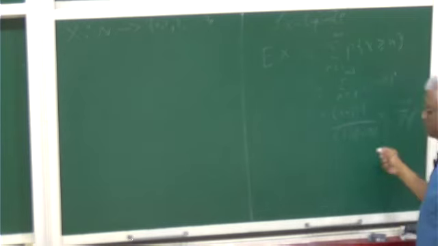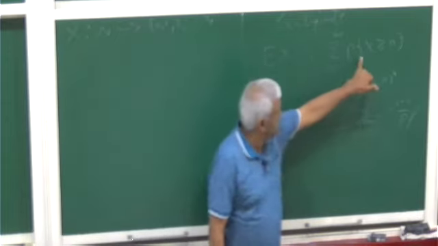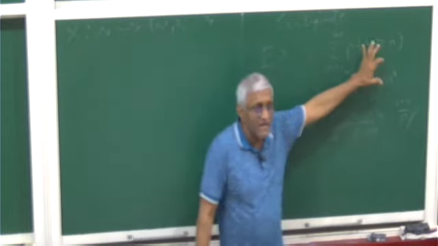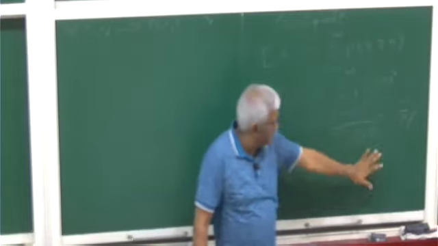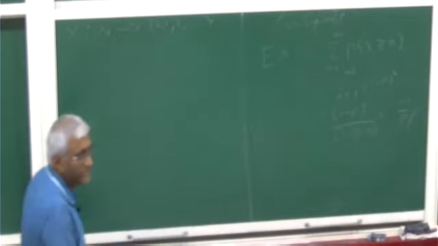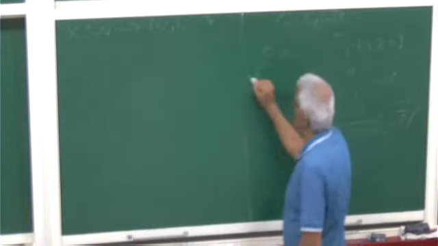It's (1 minus p) by (1 minus (1 minus p)), so it's (1 minus p) by p. So this is the mean. You can calculate it using this formula. This is an application of this formula for the geometric distribution. We proved in the class that if X follows the geometric distribution, then P of X greater than or equal to n is (1 minus p) power n. Using that, we can compute the mean. This is an example where this formula is applied.